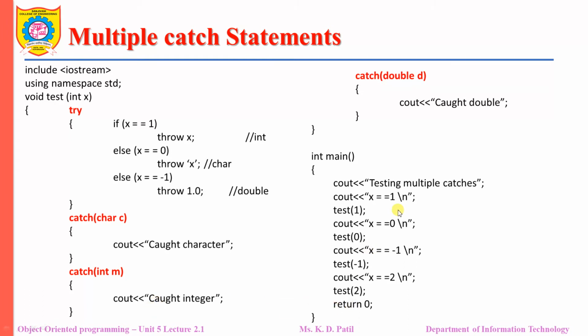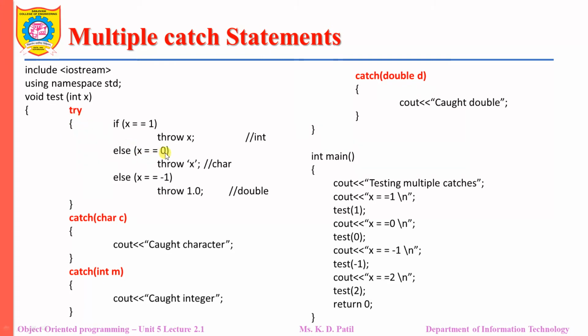Now again, control will come here, and the cout for x equal to 0 will be executed and displayed on the screen. And when 0 is passed as an argument to the function test, that 0 will go here as x, and again it will go for checking the try block.